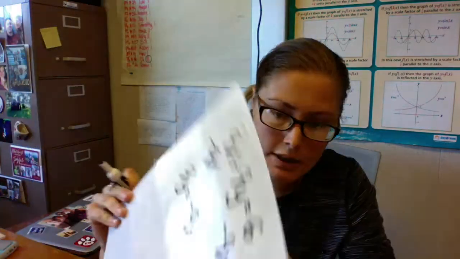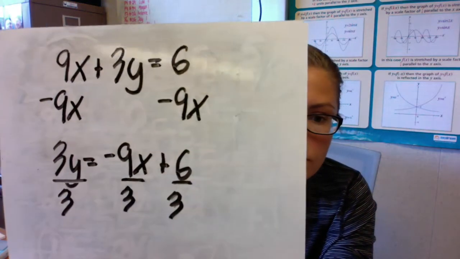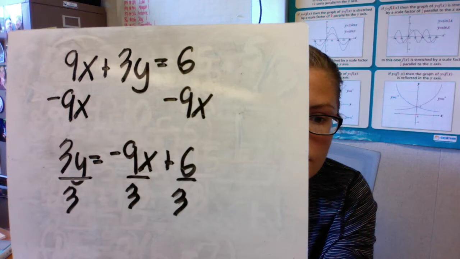Divide everything by 3. And we get y is equal to negative 3x plus 2.